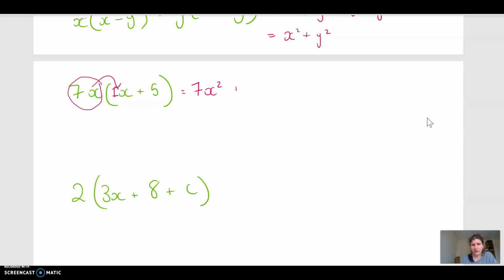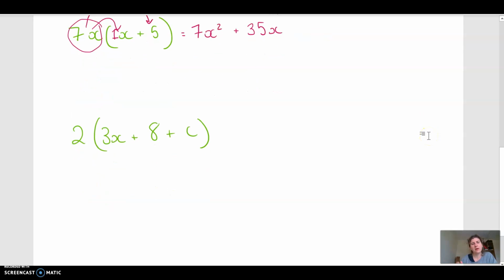And then for the second part, we have 7 times 5, that's 35. Now there's nothing there to really multiply the x with, so we just chuck the x on the end. So it's 7x squared plus 35x, because again, you're multiplying that whole 7x by 5. You've got 5 lots of 7x, so that's 35 lots of x.